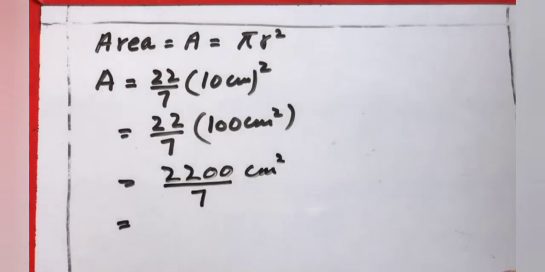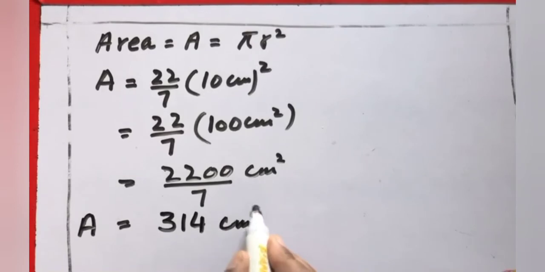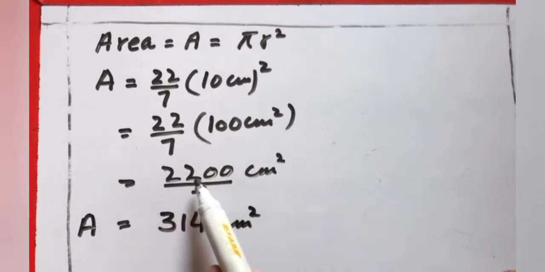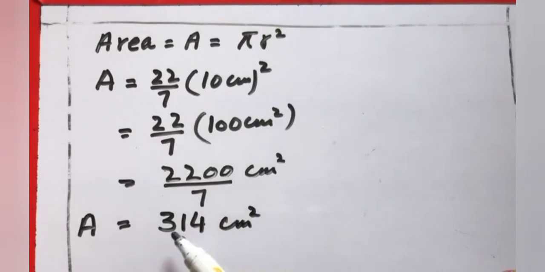And if we divide 2200 by 7, the area we will find is 314 centimeter square. So in this way we can easily find the area of a circle. So it is the first part of question number 1.